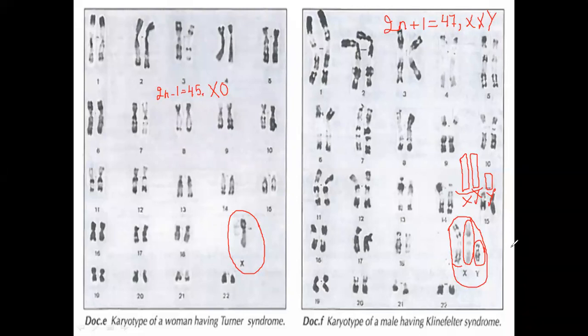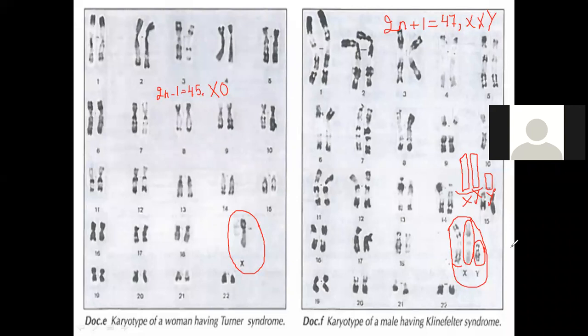Ran, what do you think? Has a problem of fertility or normal? No, not normal. Why? Sterile. Why? Because there is a gonosomal abnormality, and it affects the sex chromosome having XXY.